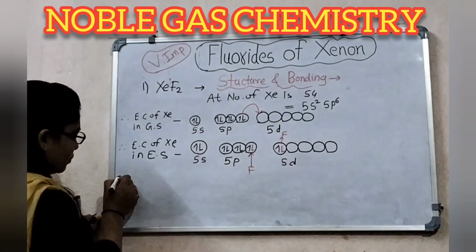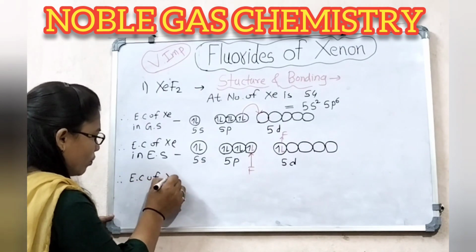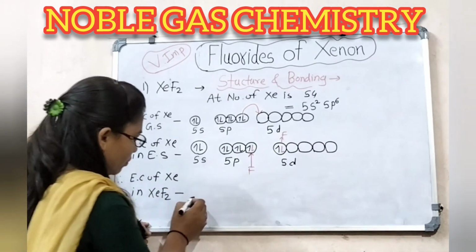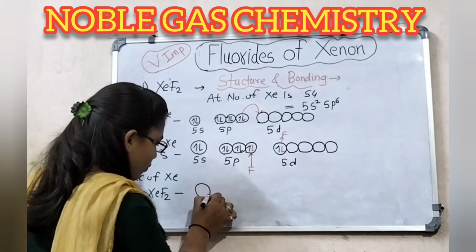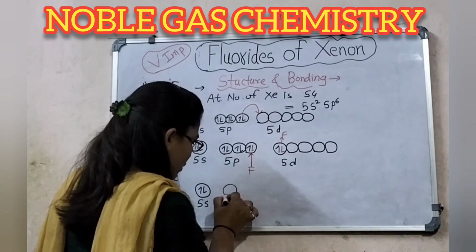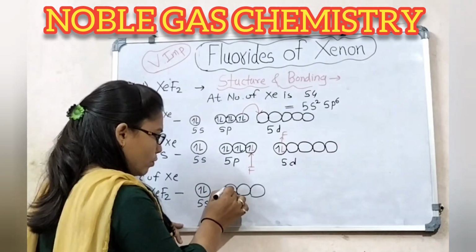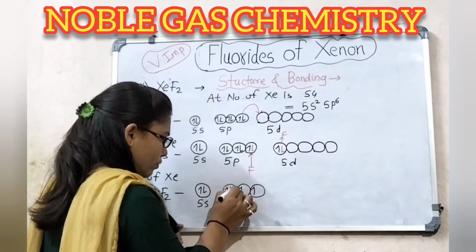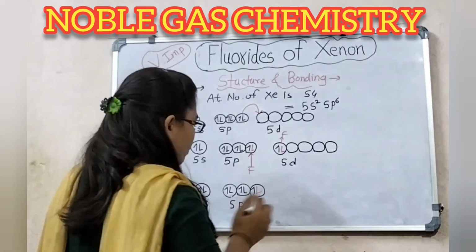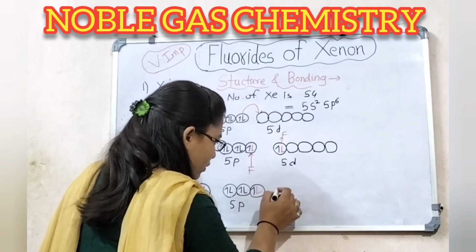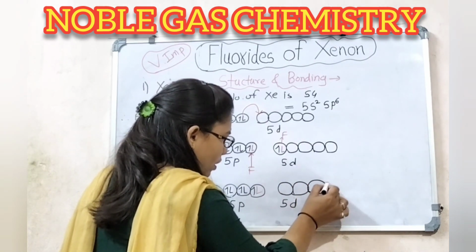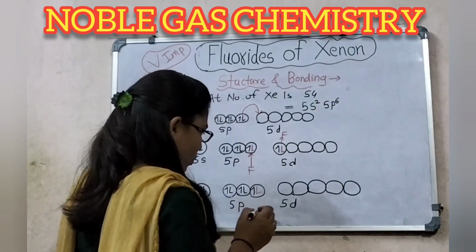Therefore, the electronic configuration of xenon in xenon difluoride is 5s2, 5p6, 1, 2, 3, 4, 5, 6, and 5d, 1 electron of xenon and 1 electron of fluorine.